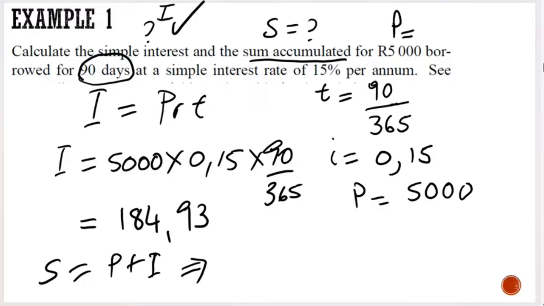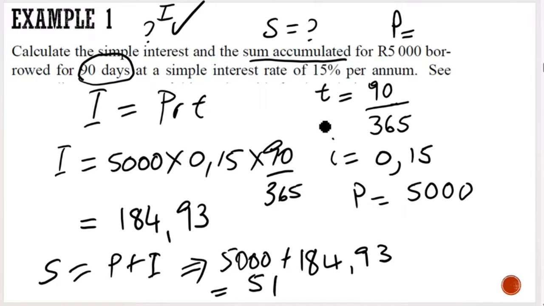What is your P? You already have your P. Your P is 5,000 plus your I, which is 184.93. So you just plug this into your calculator, which gives 5184.93.